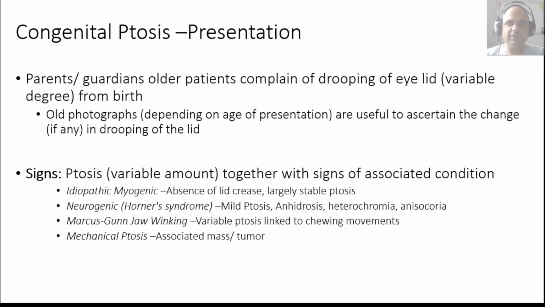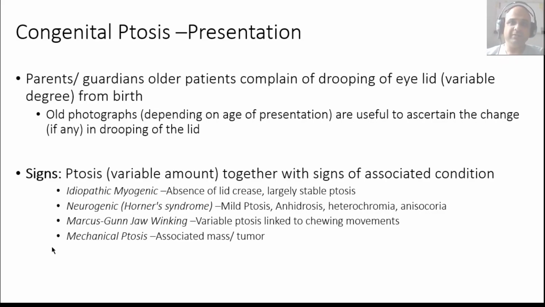For example, if you have idiopathic myogenic ptosis, you would have an absence of lid fold together with a very stable ptosis. If you have neurogenic Horner syndrome, you would have facial anhidrosis, anisocoria, that is a difference in pupillary size, and heterochromia, together with a very mild ptosis, because Muller's muscle, which is supplied by the sympathetic system, provides only about 2 millimeters of elevation to the upper lid.